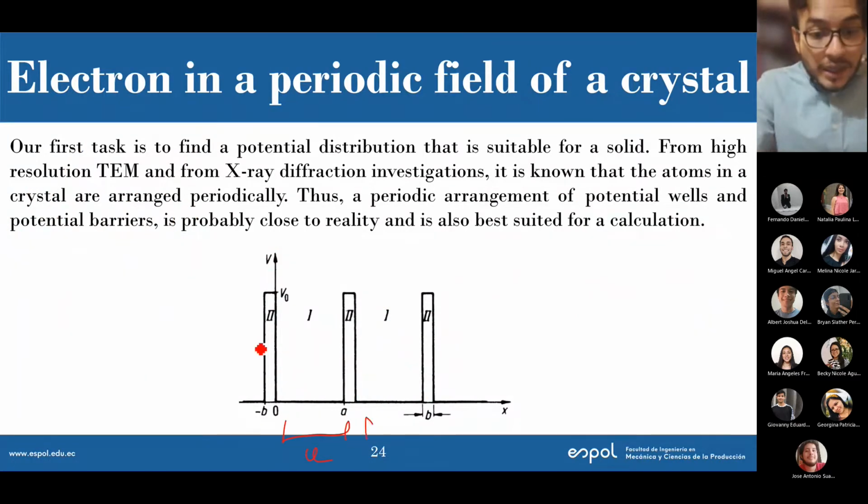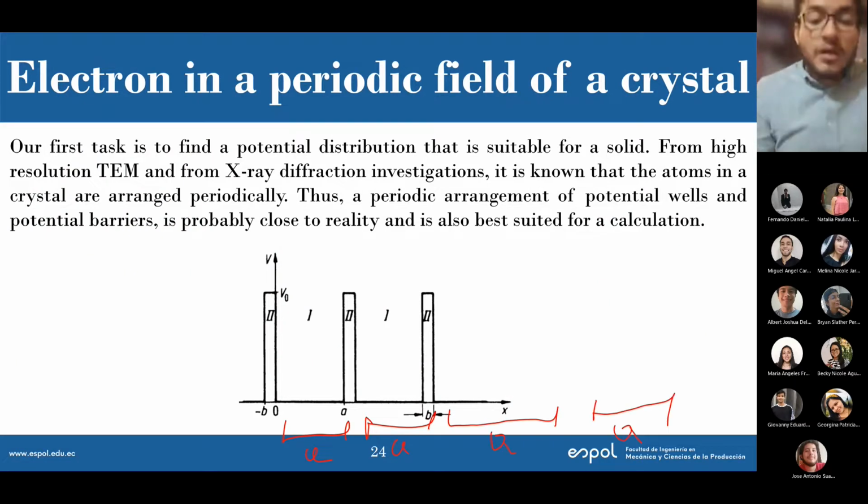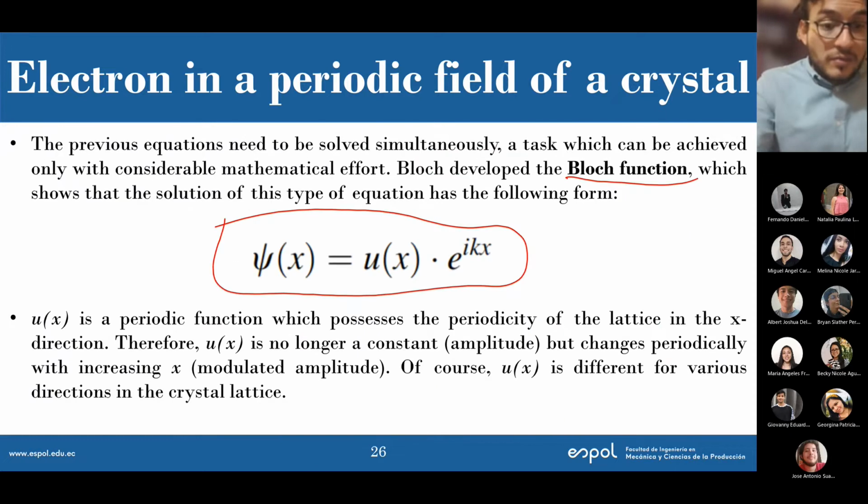So this is a, this is a, and I can have another one here that would be a, and another one here. So u of x is a periodic function, and its periodicity is equal to the lattice constant, in this case a.